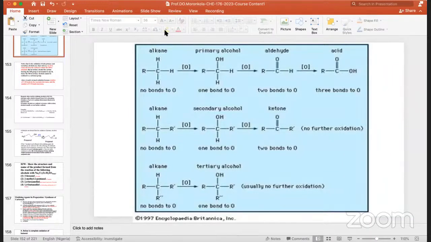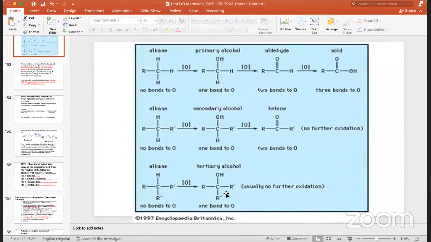So we saw how from primary alcohol, oxidation continues first to aldehyde and ends on the formation of the carboxylic acid. For secondary alcohol, we have the oxidation ending with the ketone.